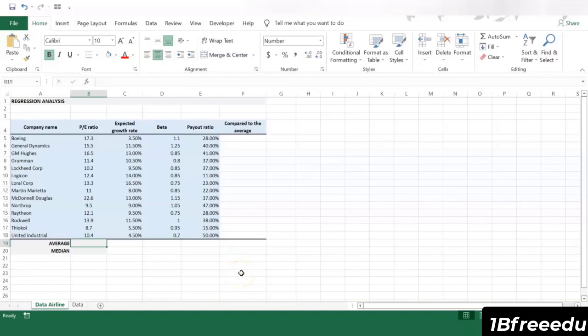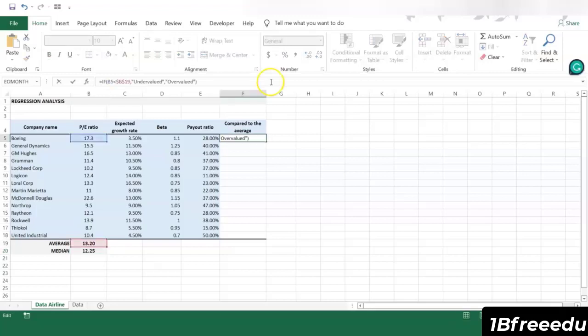Now let's first calculate the average and the median for our table. The average P/E ratio of the industry is 13.2, and the median is 12.25. These ratios give us an estimate of the overall attractiveness of the industry's earnings, and we can now compare each P/E ratio with the average.